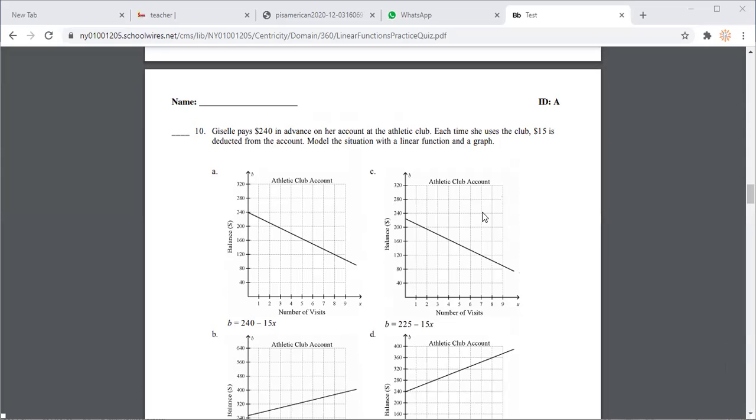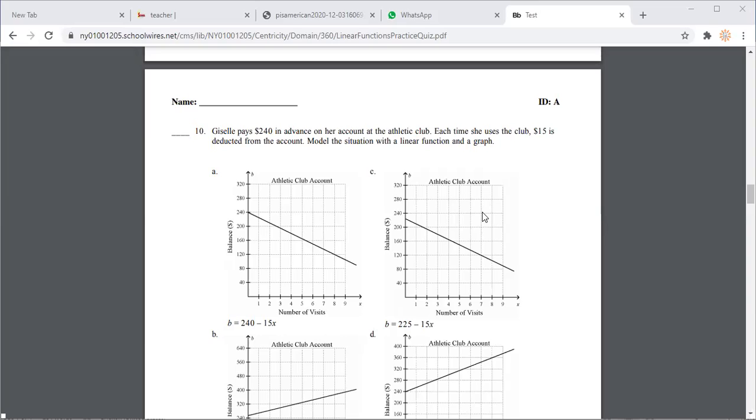Each time she used the club, $15 is deducted from the account. Model the situation with a linear function and graph. Can anyone tell me the graph at the beginning?